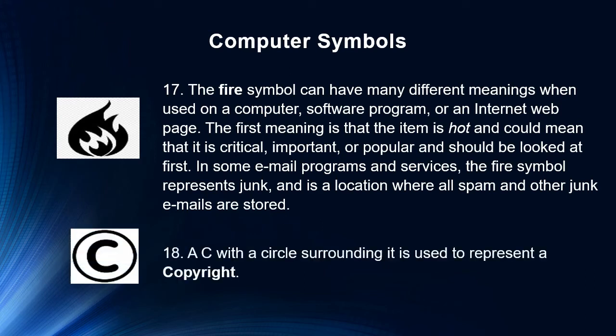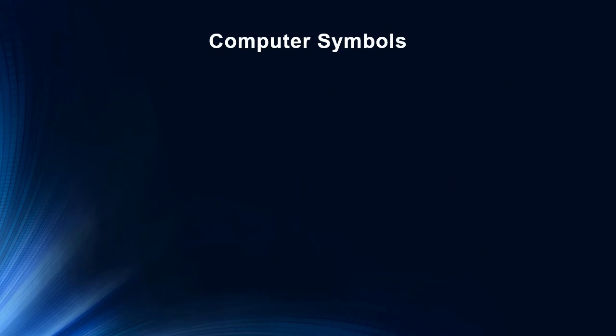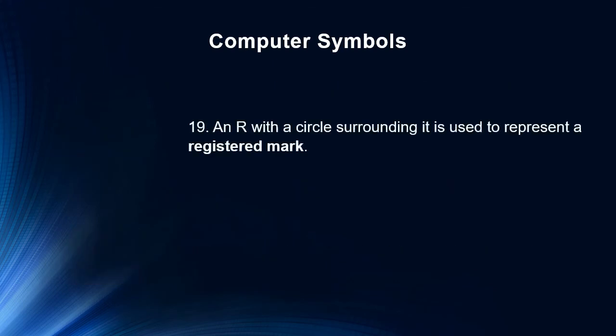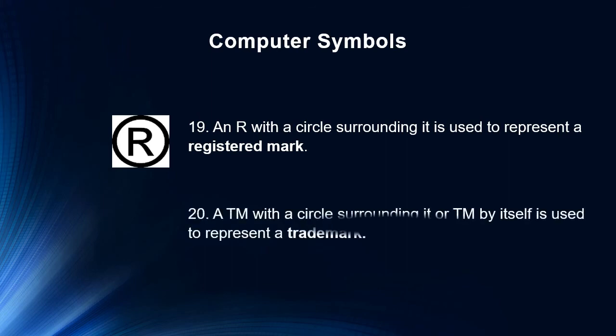Number 18, a C with a circle surrounding it is used to represent copyright. Number 19, an R with a circle surrounding it is used to represent a registered mark. And for number 20, a TM with a circle surrounding it, or TM by itself, is used to represent a trademark.